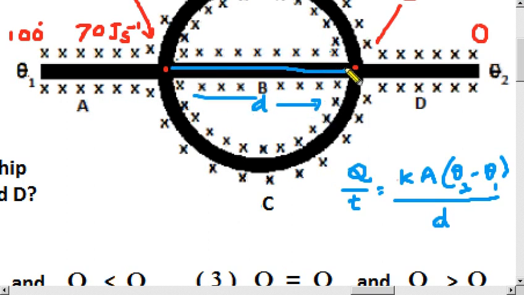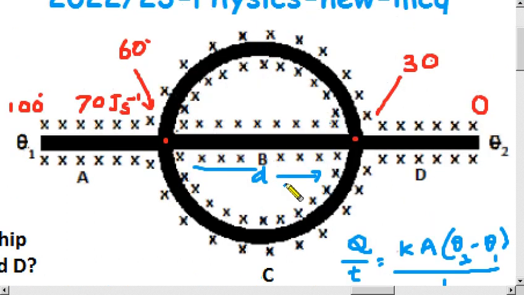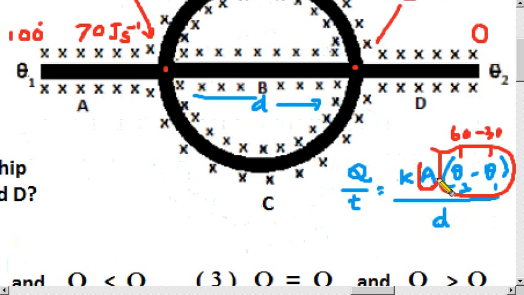Regarding this rod. So for all these 3 rods, 2 curves and 1 straight rod, this temperature difference is same, because 60 minus 30, 60 minus 30, 60 minus 30. So the value is 30. So cross-sectional areas are also same.